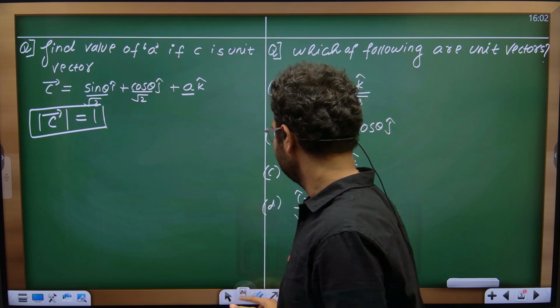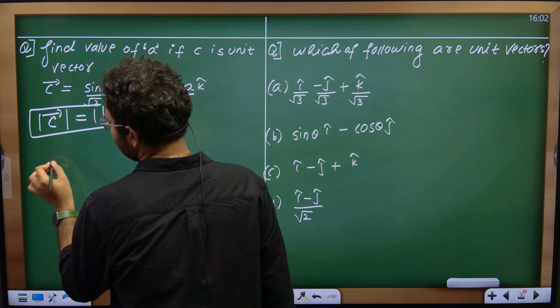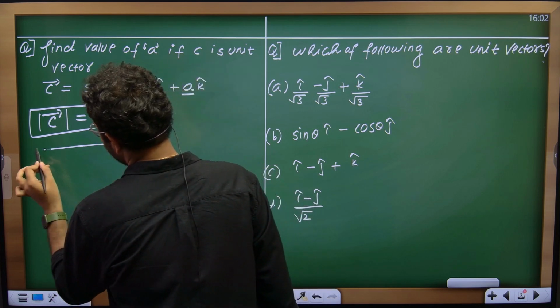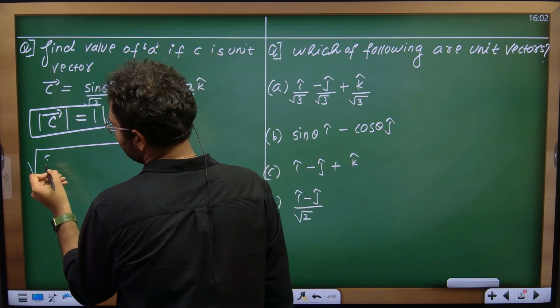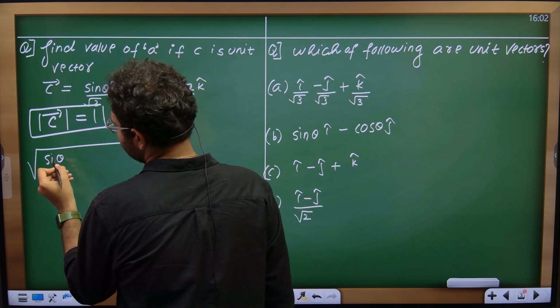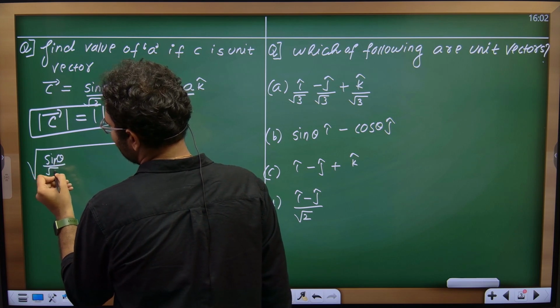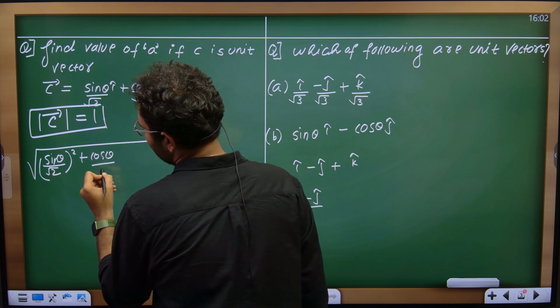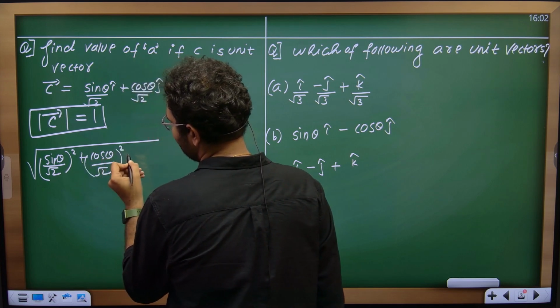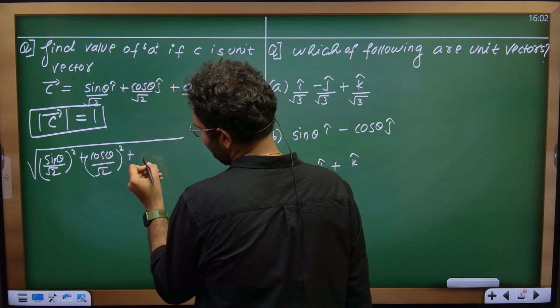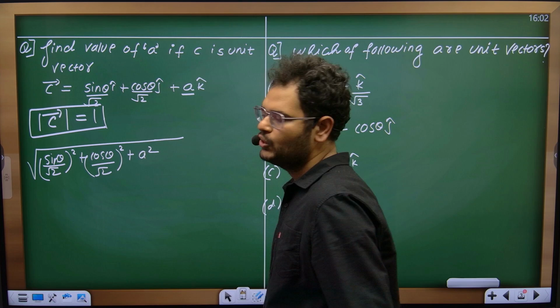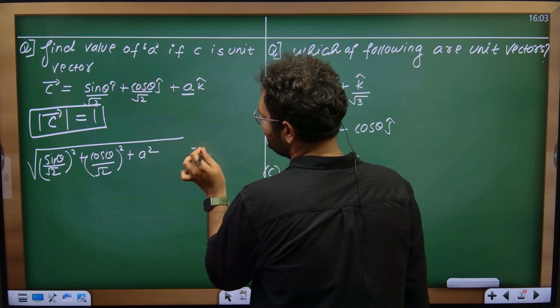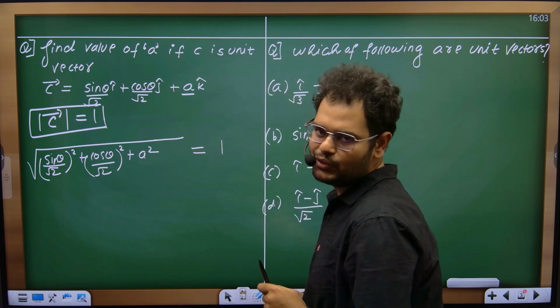So it's easy. What we will do, we'll write the magnitude of this. What is the magnitude? Under root of, sine theta by root 2 whole square, plus cos theta by root 2 whole square, plus a square. Okay, this must be equal to 1 because it is a unit vector.